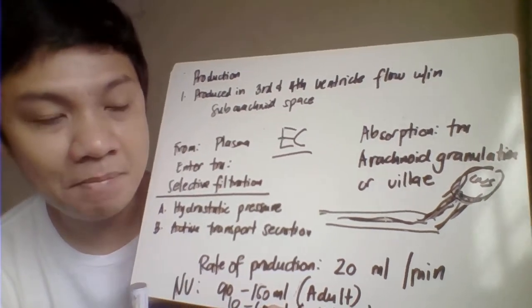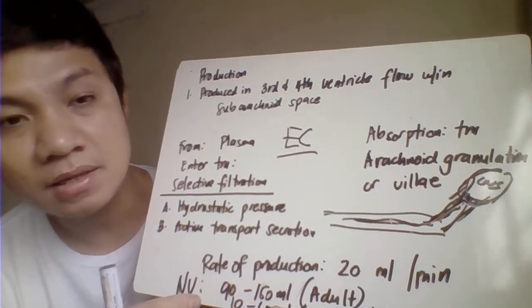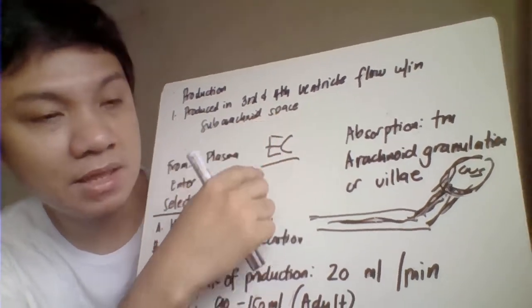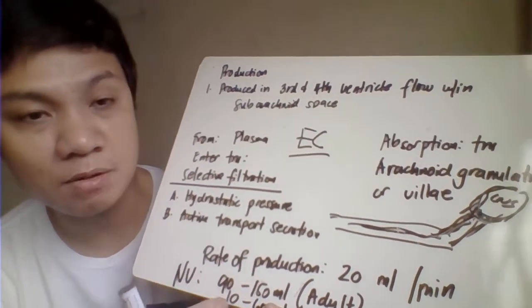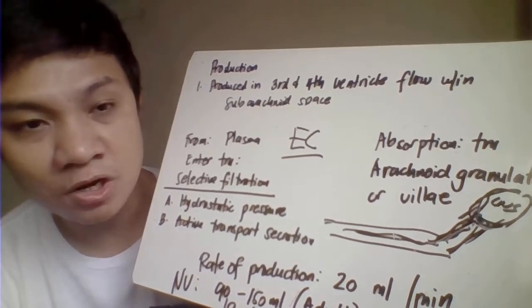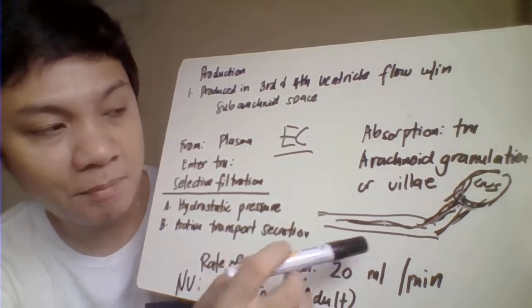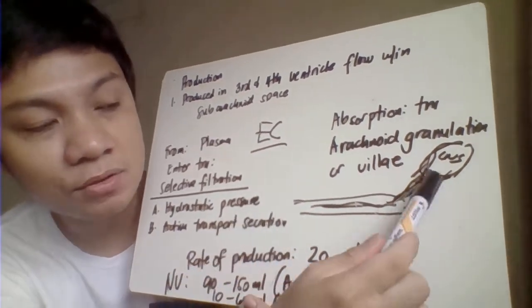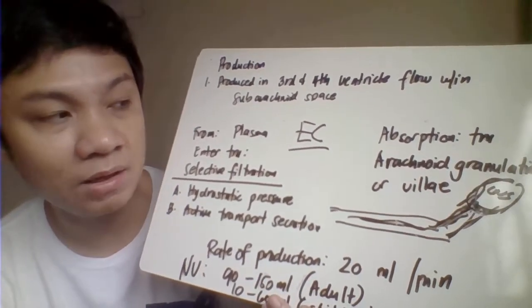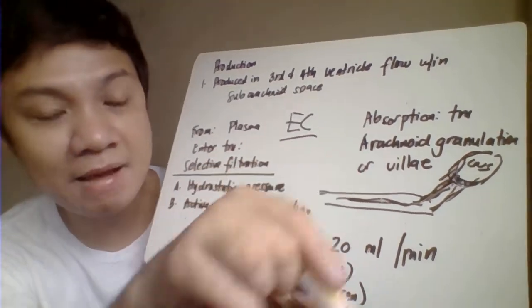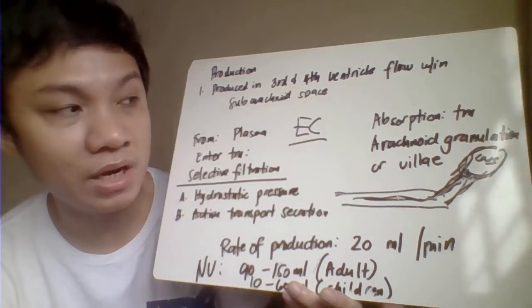So that they cannot enter, they are regulated by your blood-brain barrier, which is maintained by your endothelial cell, which provides a very tight filtration membrane. Then once it enters the CNS, again, our plasma cannot just keep entering your CNS.